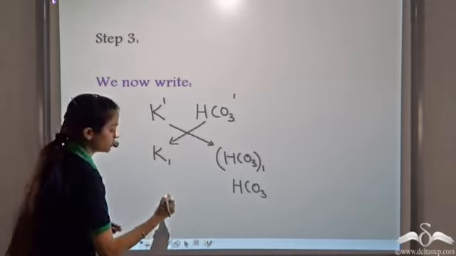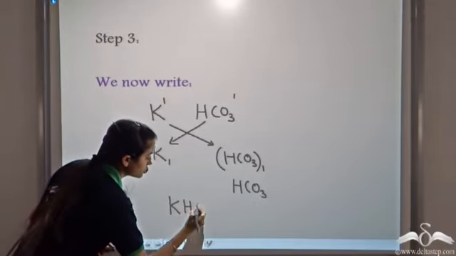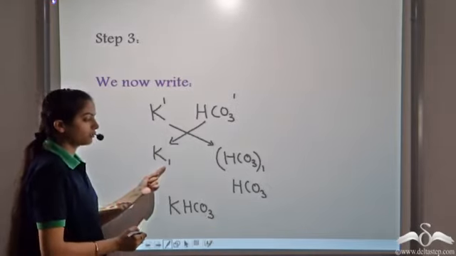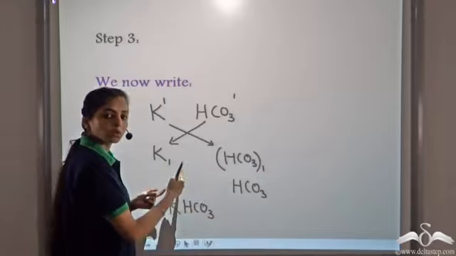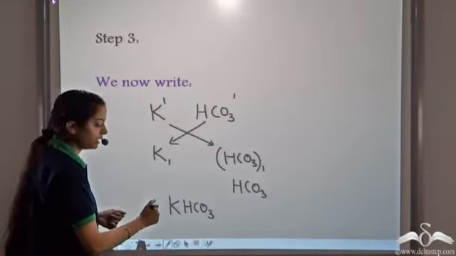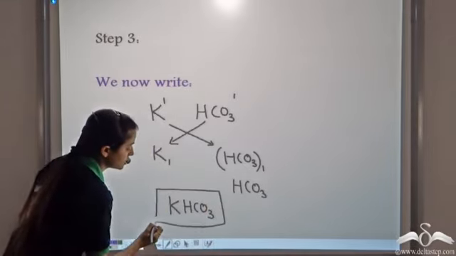So the chemical formula becomes KHCO3. The HCF of 1 and 1 is 1. So on dividing both by 1, we get 1, which can be ignored. So the chemical formula of potassium bicarbonate is KHCO3.